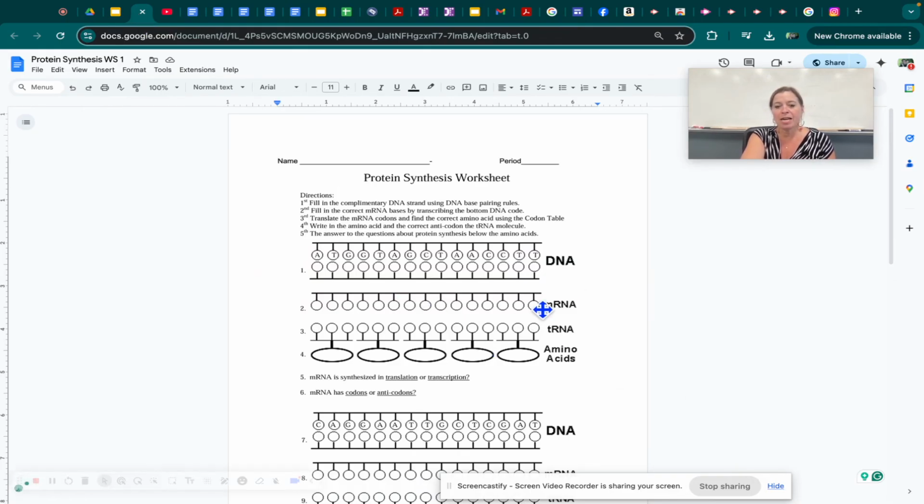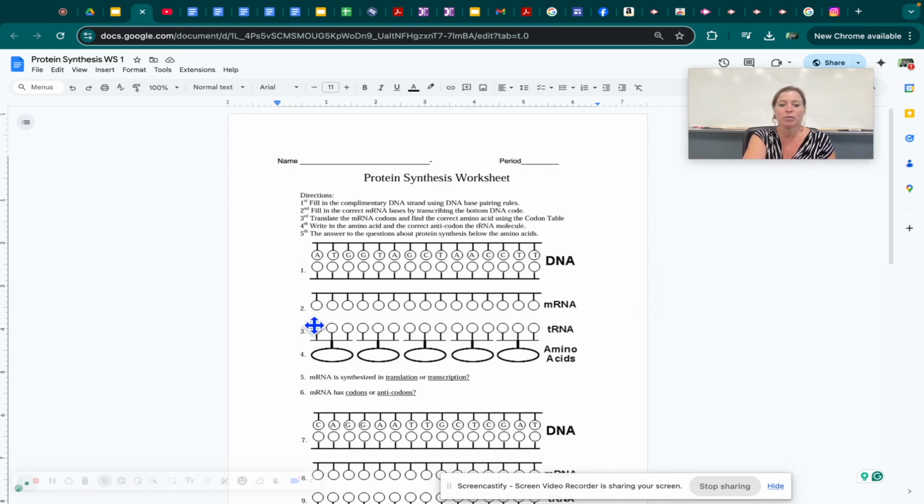Okay, so we're going to go ahead and we're going to continue to code for those amino acids. So fill in the rest of the amino acids. Remember, mRNA is synthesized in transcription. mRNA has codons, or sets of 3. tRNA actually has the complementary anticodon. We're not really going to talk about that.